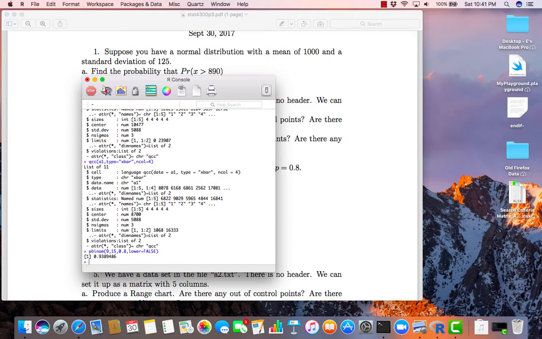Okay? Now I know that some of you are non-believers, and I want to show you that I'm telling you the truth. So I'm going to do the following. If it's greater than or equal to 10, let's do the probabilities for 10, 11.